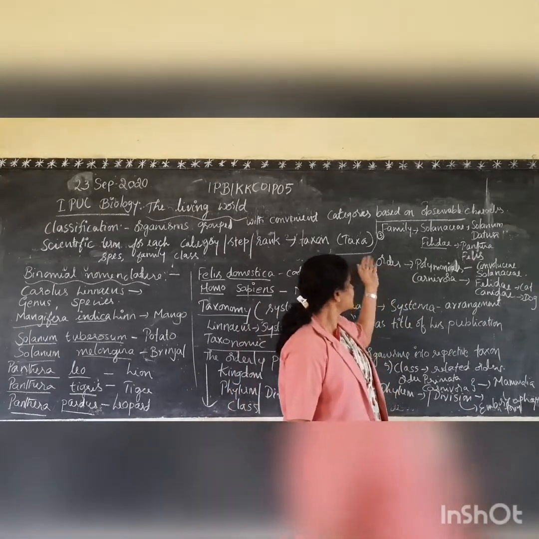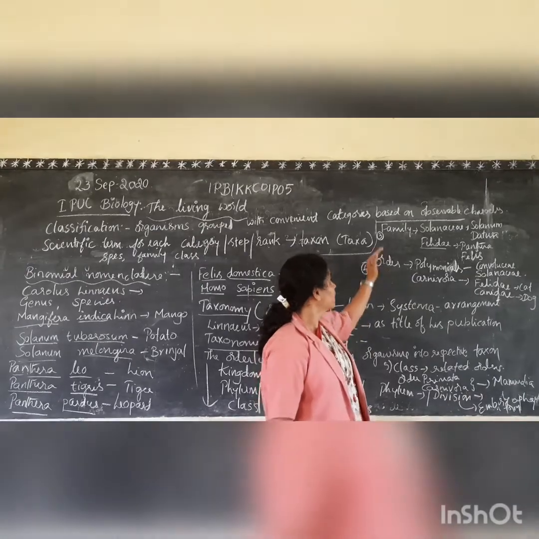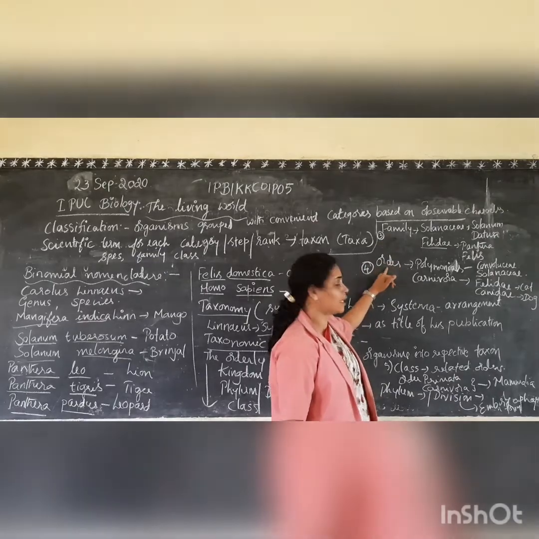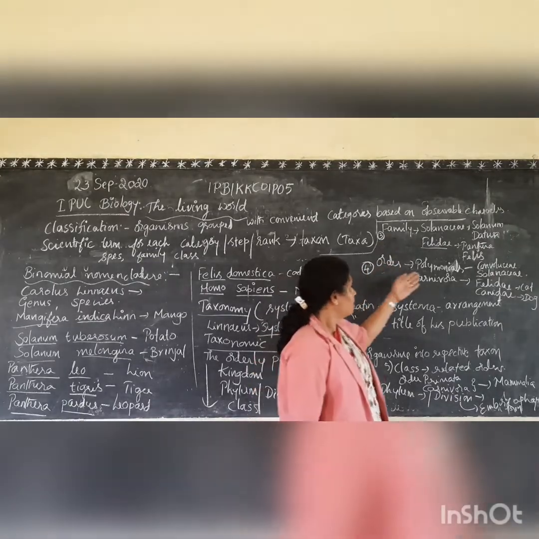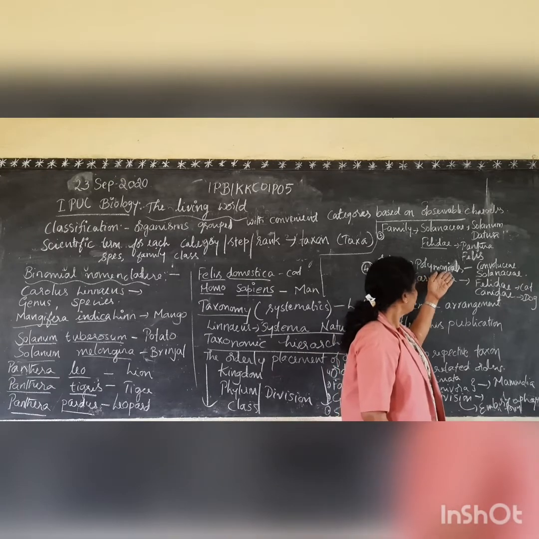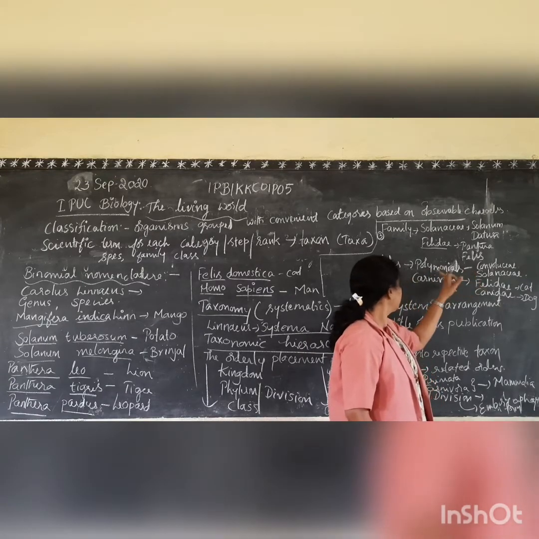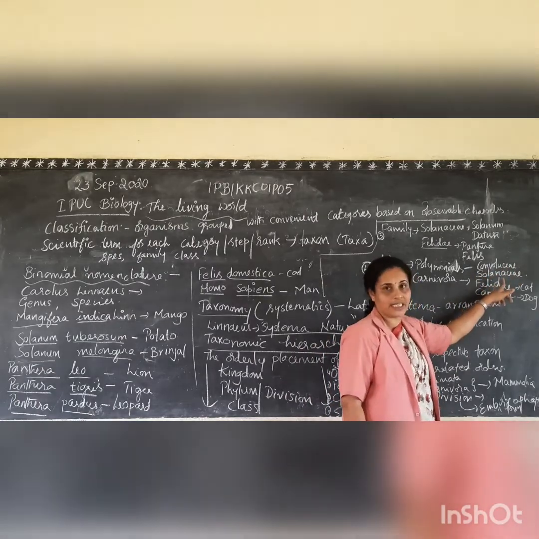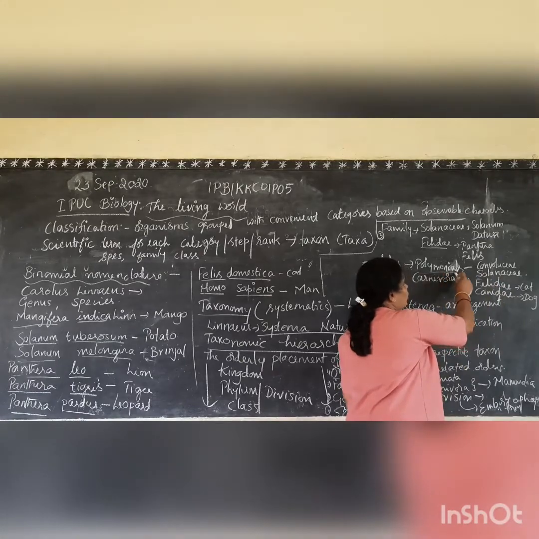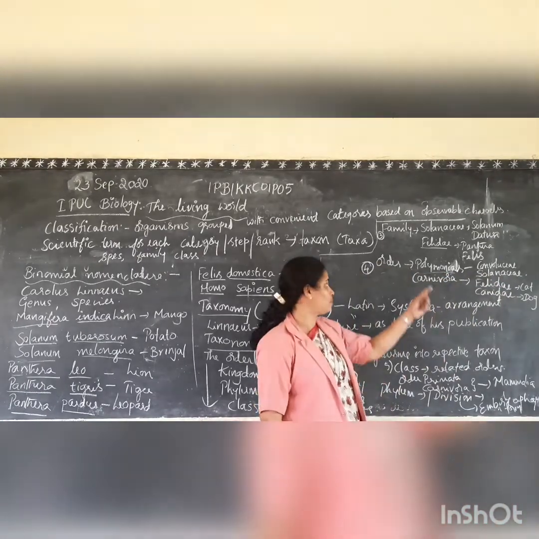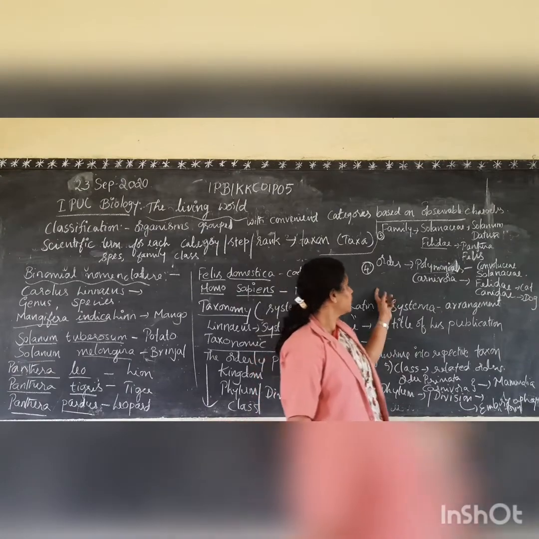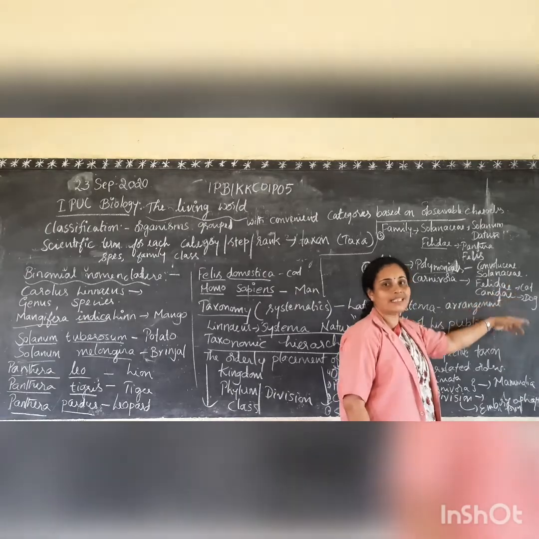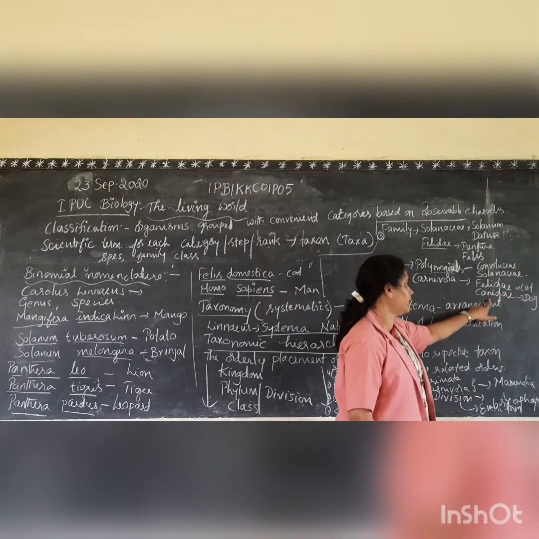Then the next higher taxon, order. Related families based on observable similar characters are placed under one order. For example, under the plant order Polemoniales, the families Convolvulaceae and Solanaceae are included. In animals, order Carnivora includes two families, Felidae and Canidae.